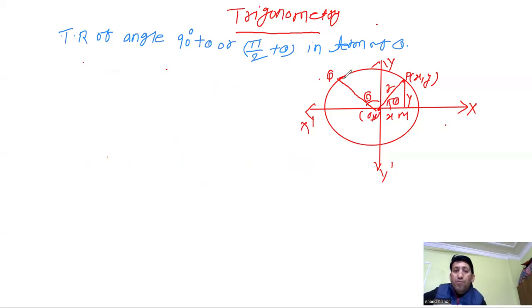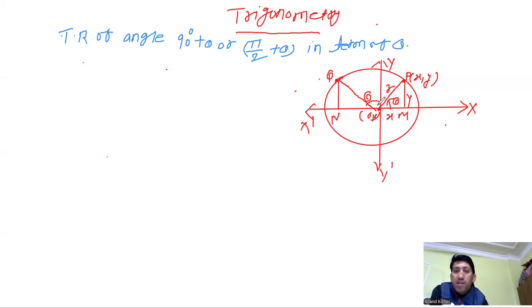Okay, so we have to find the coordinate of Q. Right now we don't know the coordinate of Q. So from here we can make one perpendicular line on the x-axis. From Q we are making one perpendicular line. Suppose this is N. Okay, so see, this line and this line are parallel, and the y-axis also.